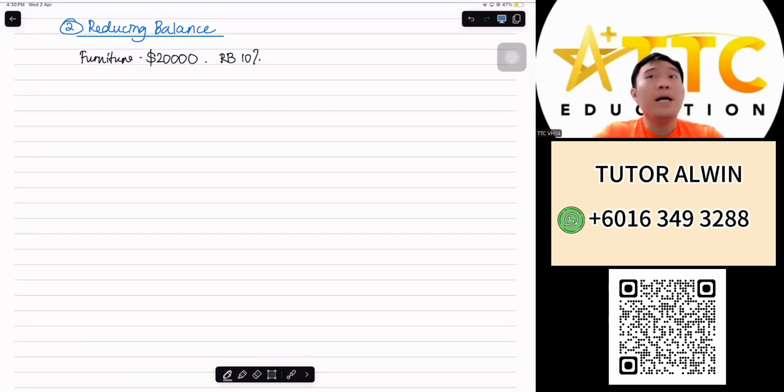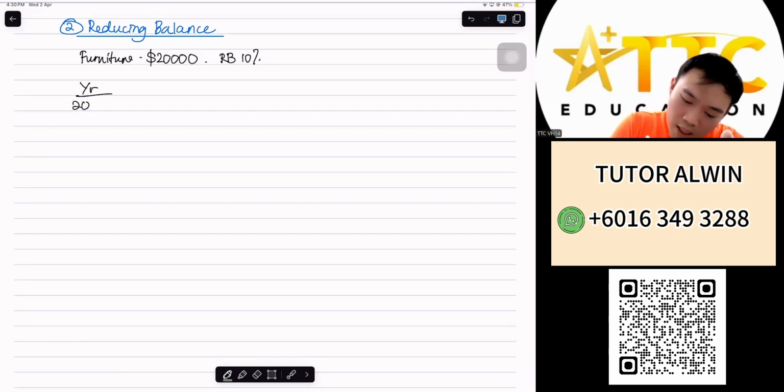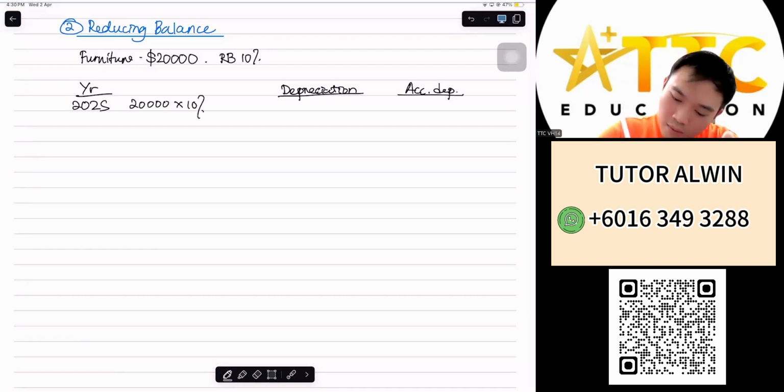So double entry will be again the same thing all the time. But the format will be like this. Okay, the year 2025. Okay, the depreciation amount and the accumulated depreciation. So 20,000 times 10% is 2,000. Okay, well, dollars though.